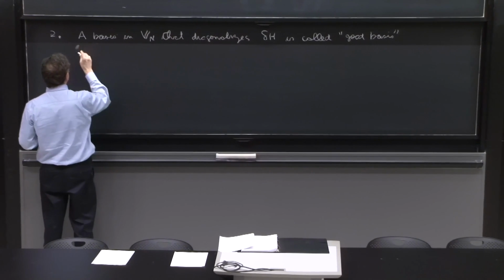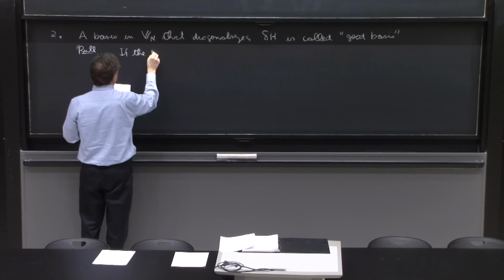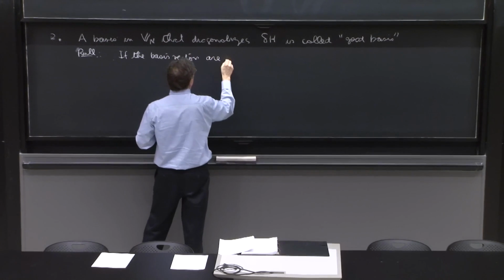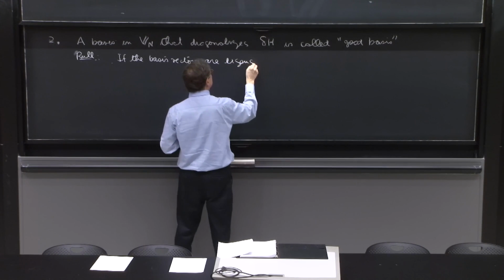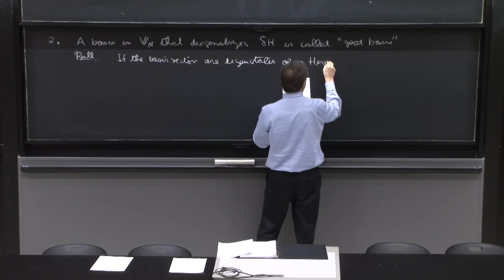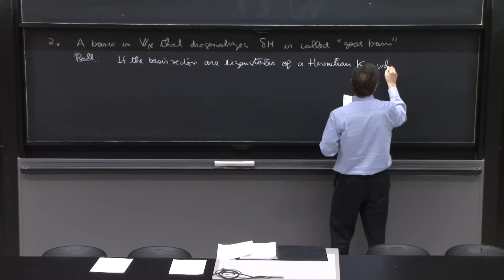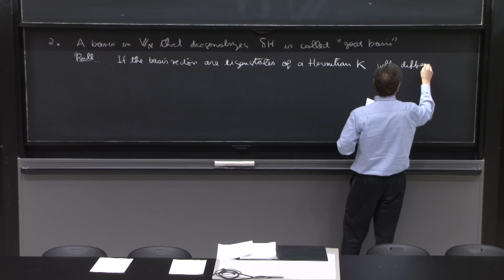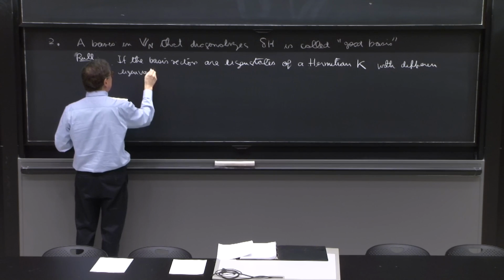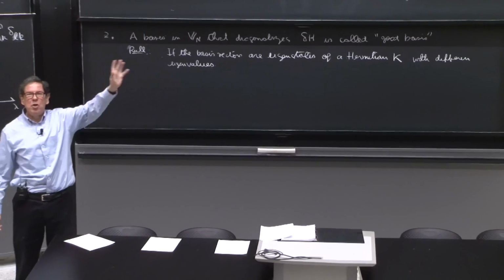So here is the rule. If the basis vectors are eigenstates of a Hermitian K with different eigenvalues, so far, what am I saying? I'm bringing up a new operator.